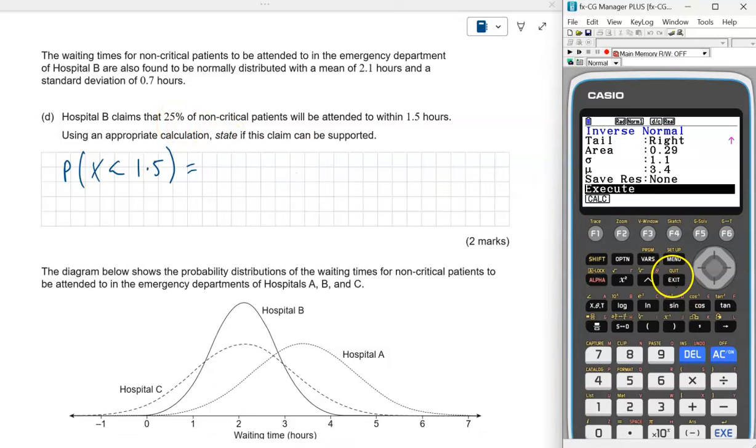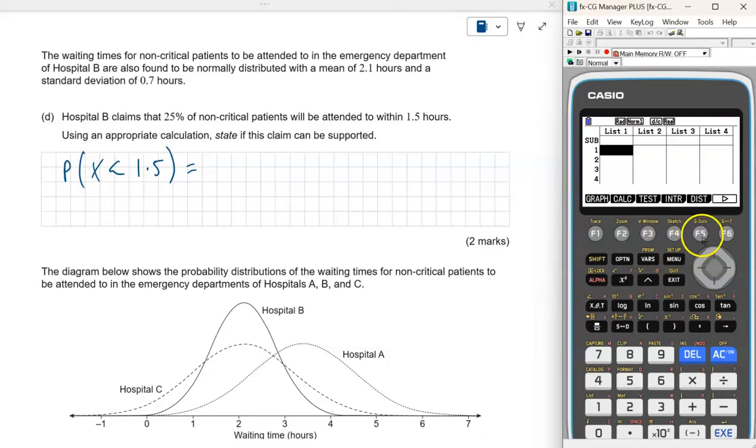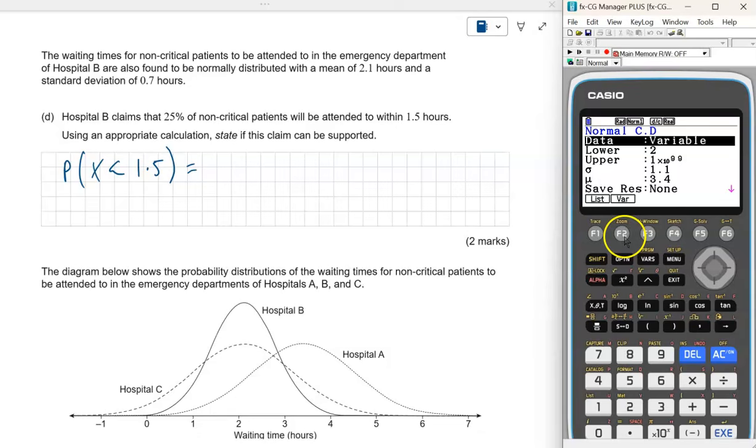So let's head back out again. We're going to head back into distribution, normal cumulative distribution, and we're going to change those parameters this time for Hospital B. So Hospital B, the mean was 2.1, so let's change that to 2.1 here.